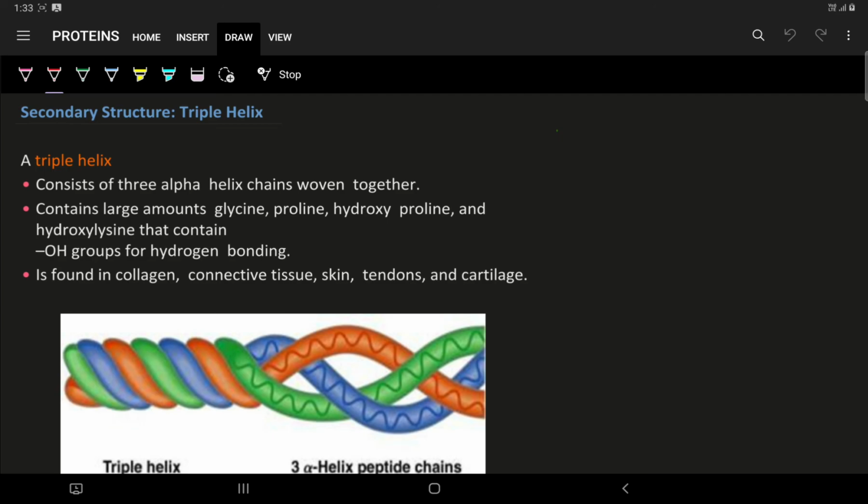They contain large amounts of glycine, proline, hydroxyproline and hydroxylysine, which contain OH groups for hydrogen bonding. So they contain polar groups and have more intermolecular forces of interaction. It is found in collagen, a connective tissue, in skin, tendons and cartilage.